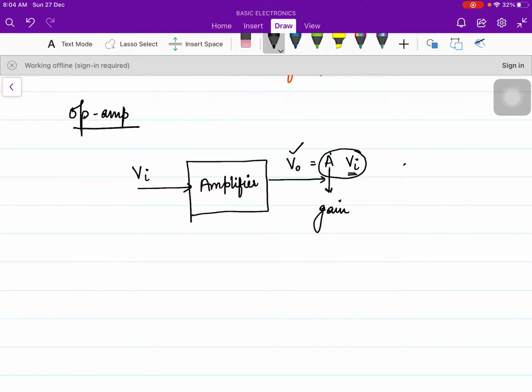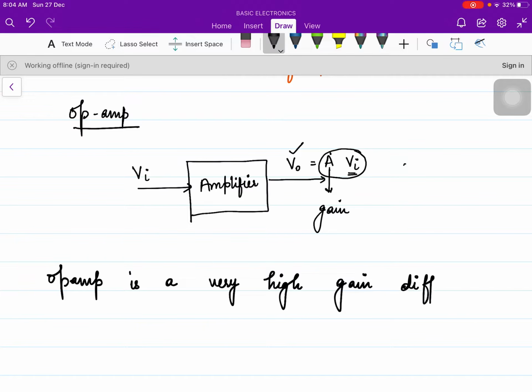So let us write it down. Op-amp is a very high gain differential amplifier. We will understand why it is called differential amplifier.